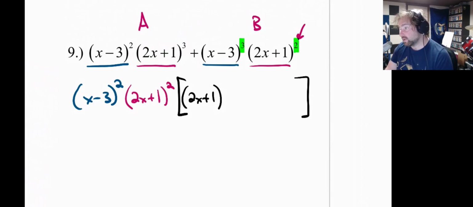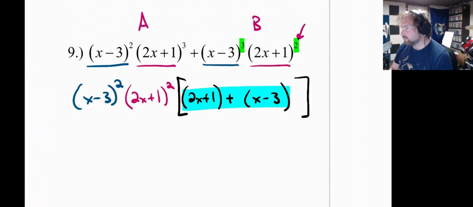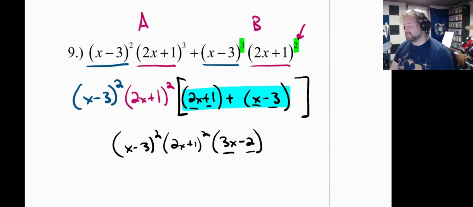So the 2x plus 1's are taken care of, but there's 1 more x minus 3, so plus x minus 3, like that. I think that's pretty much done. I suppose we could simplify this expression by combining like terms. So I think the factored version is x minus 3 squared times 2x plus 1 squared times 3x minus 2. Yeah, 2x plus x is 3x, and 1 minus 3 is minus 2. Hey, nice. We did it.